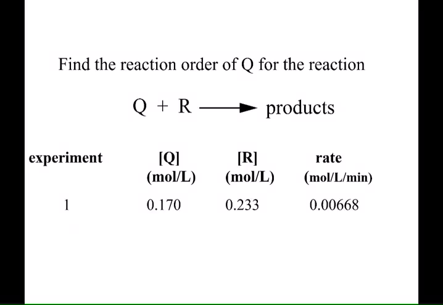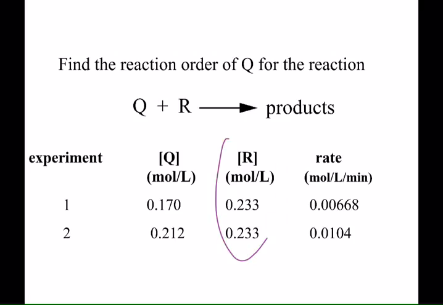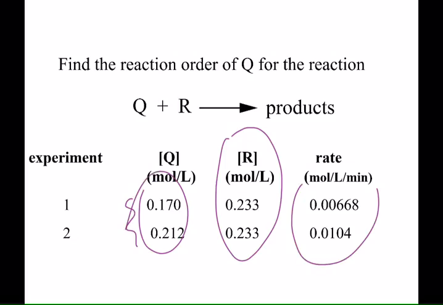And you can see we didn't double. But a good thing about this pair of experiments is, what did we do with R? We kept it constant. We definitely did not use 2 times. But I'm going to show you how we can get to the reaction order M using these molar concentrations and their relative reaction rates.